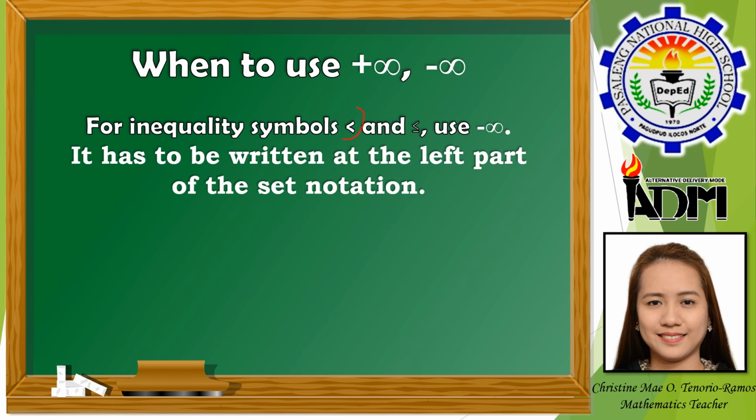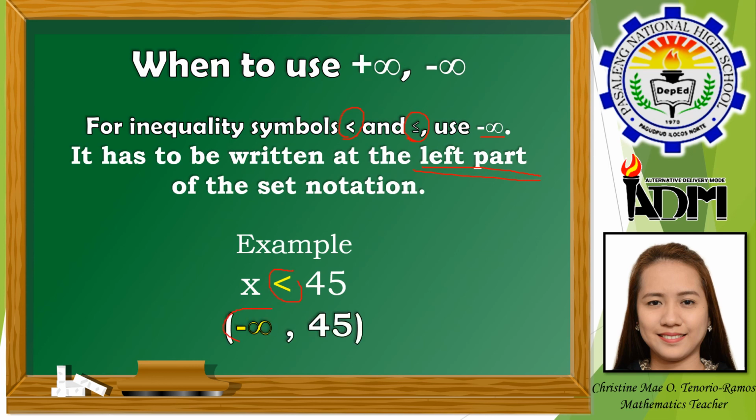Kapag ang ginamit mo is less than or equal, always negative infinity yan at sa left part of the set notation. Less than ang ginamit, and parenthesis ang ginamit dito kasi wala siyang equal symbol dyan.